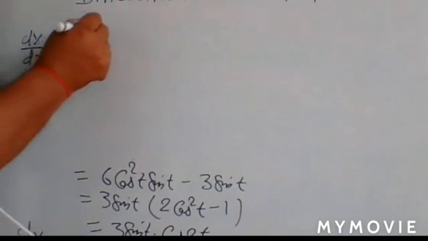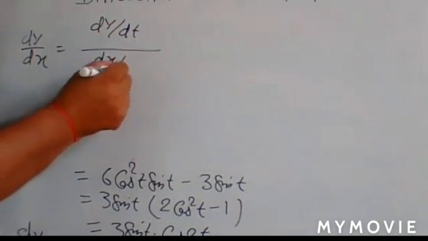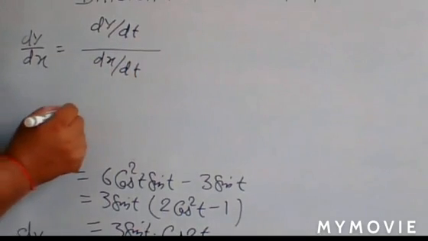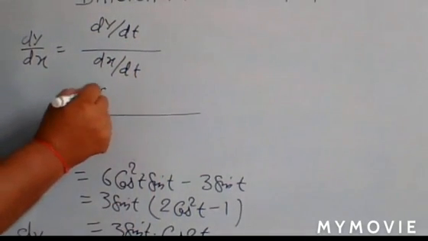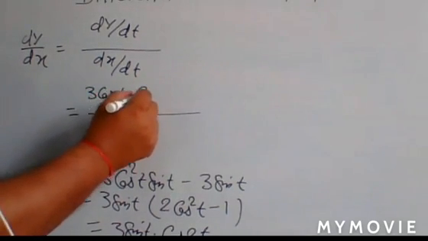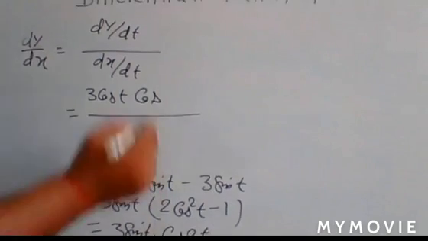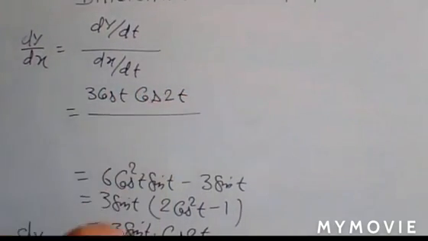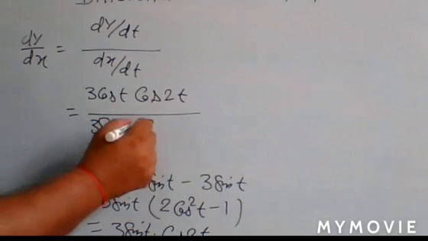Okay, so write dy by dx is equal to dy by dt upon dx by dt. Now putting the values, you have 3 cos t into cos 2t upon 3 sin t into cos 2t.